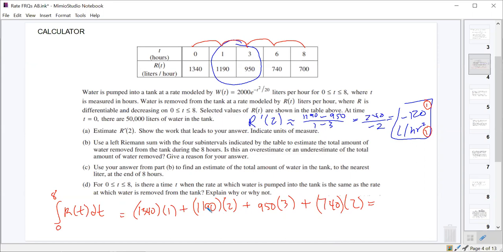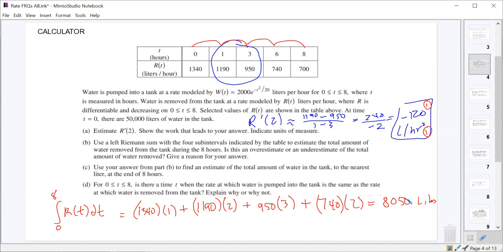Let's see. I think 8,050. Does that sound right? Cool, that's what the answer key says. So perfect.